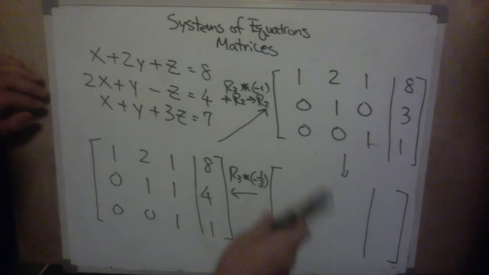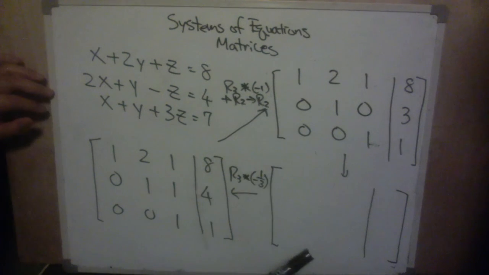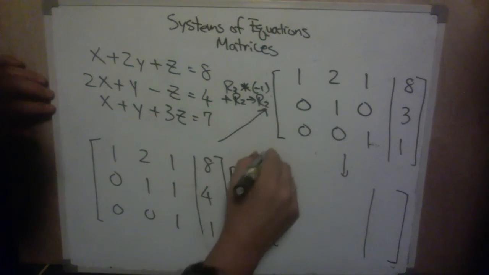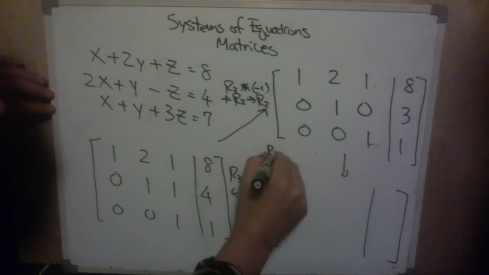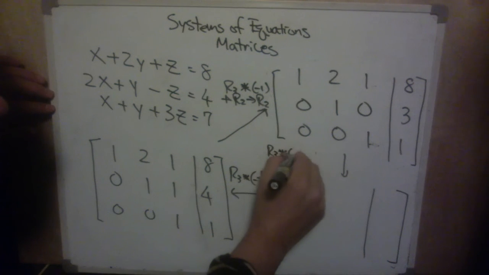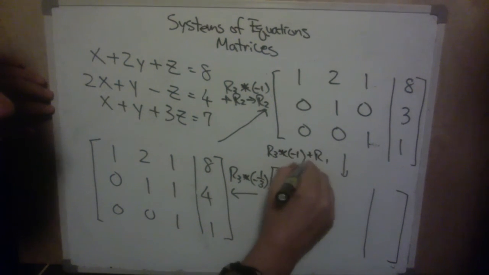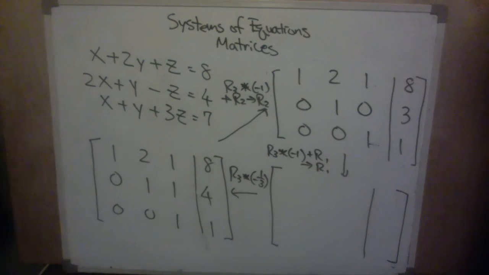Row 2 stays the same, row 3 stays the same. I'm going to take row 3 this time and multiply it times negative 1 and add it to row 1, and that's going to be my new row 1. So let's do that.